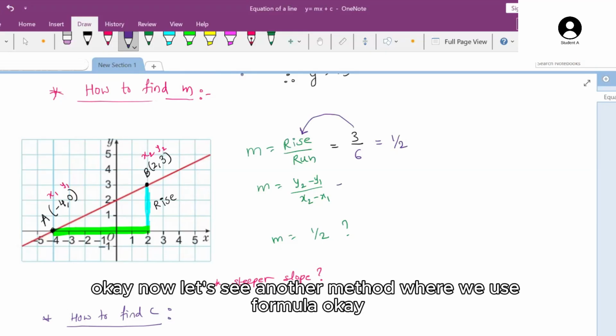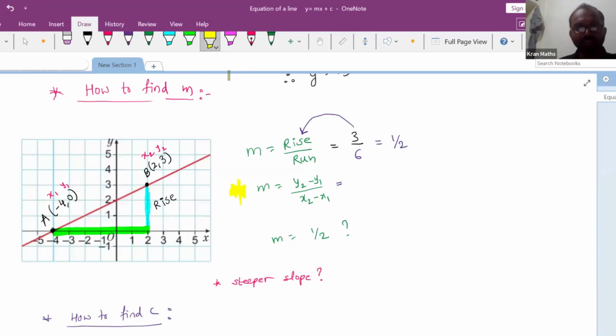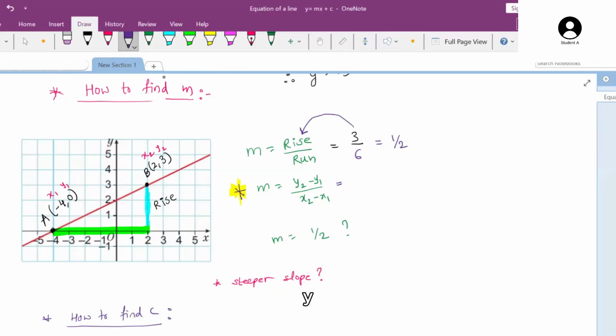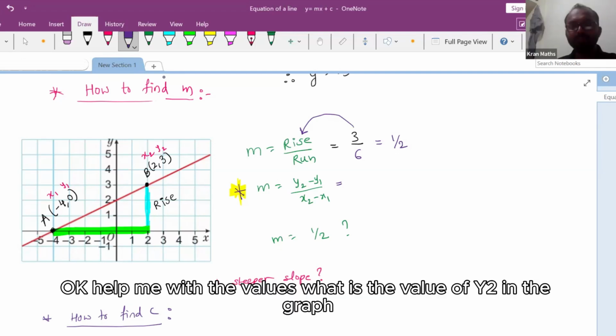Now let's see another method where we use a formula. What is the formula? Read the formula for me. M is y2 minus y1 over x2 minus x1. Help me with the values. What is the value of y2 in the graph?